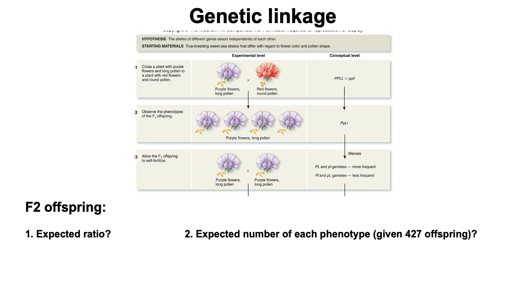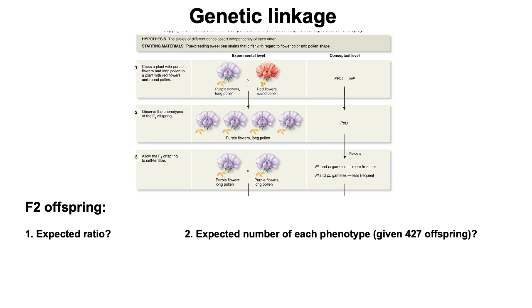Purple is the dominant phenotype, and you can see that because when we cross the purple and the red, we see all purple flowers in the F1. And we can also see that long pollen is the dominant trait because, again, we see long pollen grains in the F1s when we crossed the two true breeding parents in the P0.